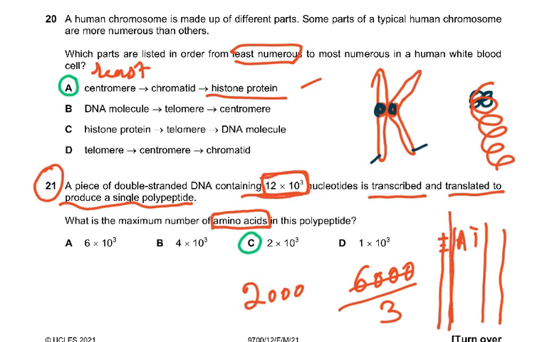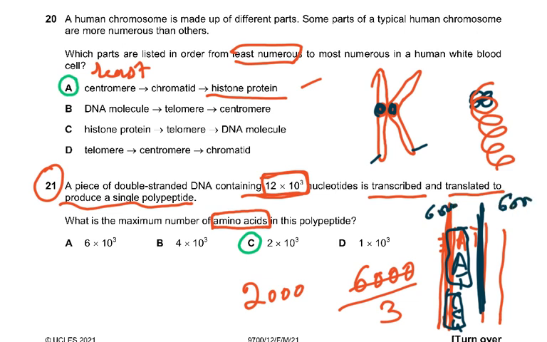So you have 6,000 on this side and 6,000 on this side. So AAT codes for one amino acid. CCG codes for the second amino acid. So 6,000 on one side, 6,000 on the other side, 6,000 divided by 3 gives you 2,000, and this was the answer. So please try to understand it.